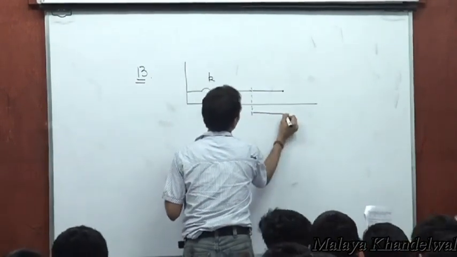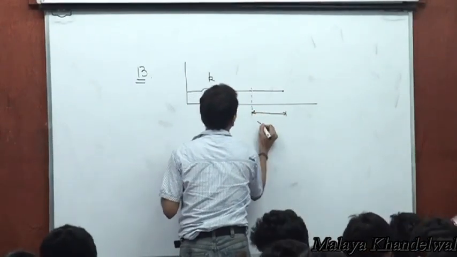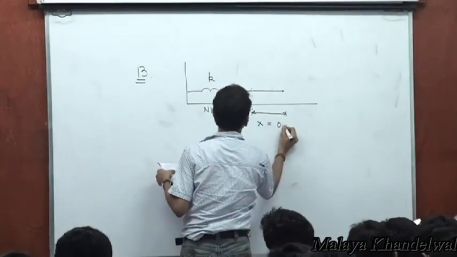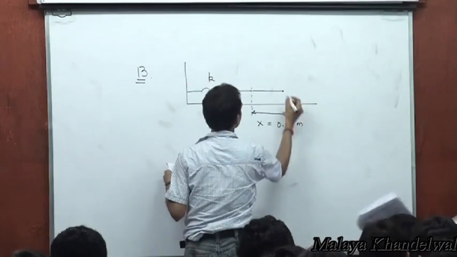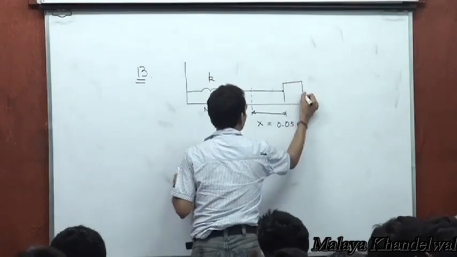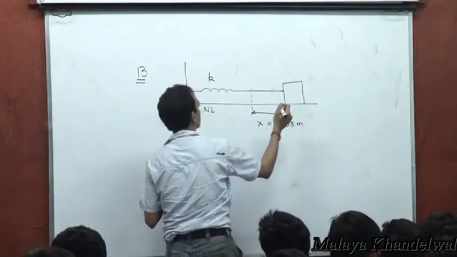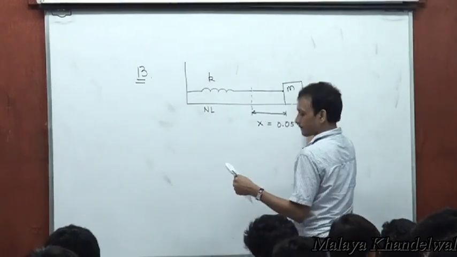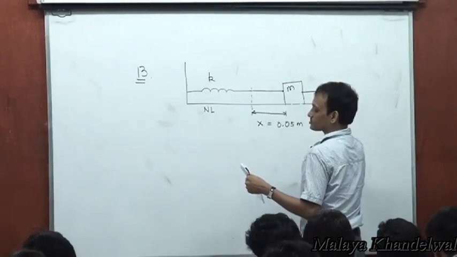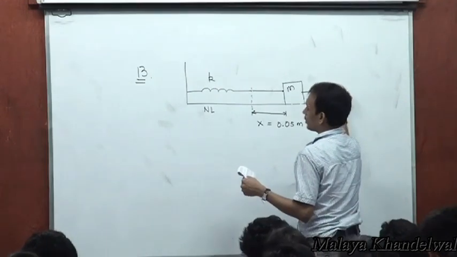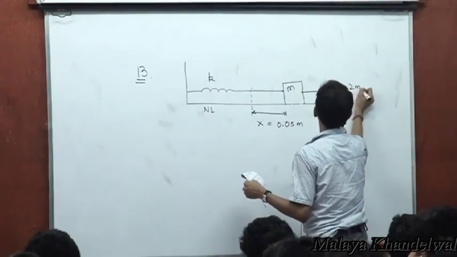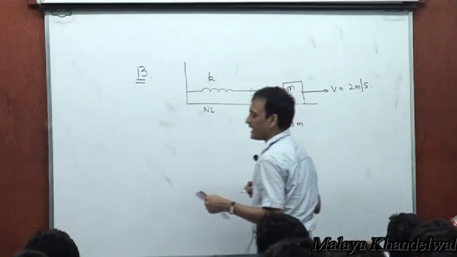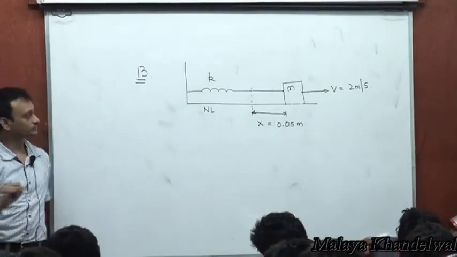It's elongated by an amount x equal to 0.05 meters. And it's not just elongated. At this instant, it is also provided a velocity of 2 meters per second. We need to find the amplitude of the simple harmonic motion.